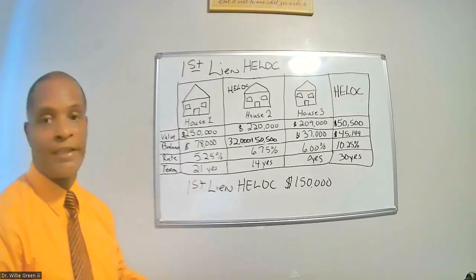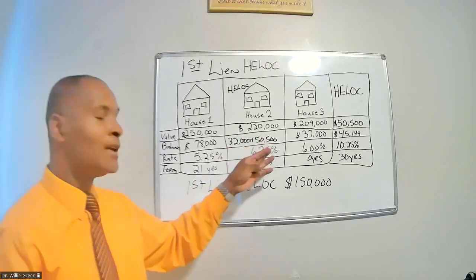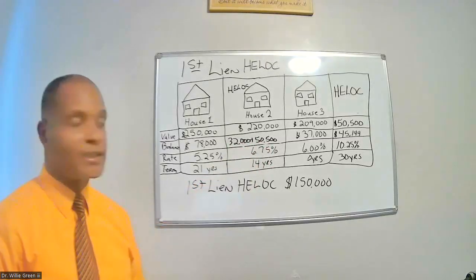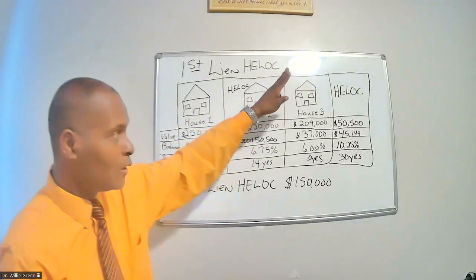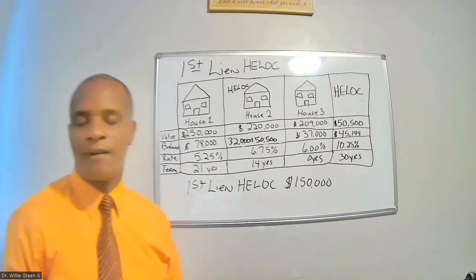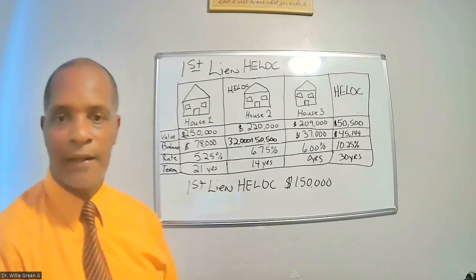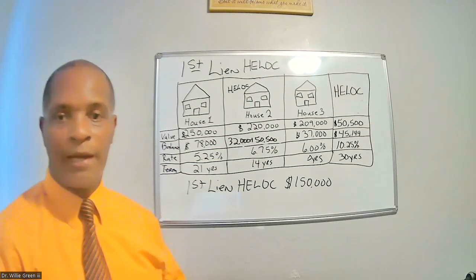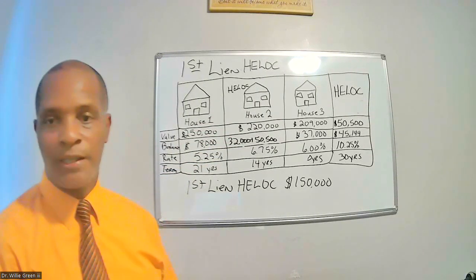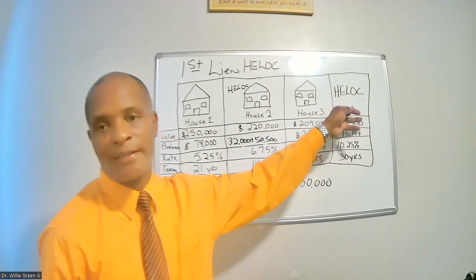So it is in the second position, but I'm trying to treat it like it's in the first position because it fundamentally wiped out this third house. If you read various definitions of first lien HELOC, they fundamentally wipe out an existing mortgage, and then this becomes a line of credit.